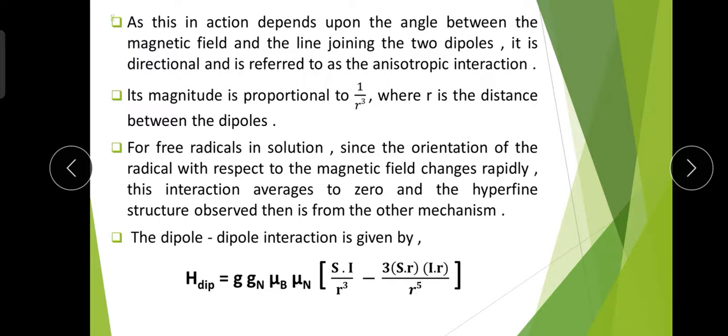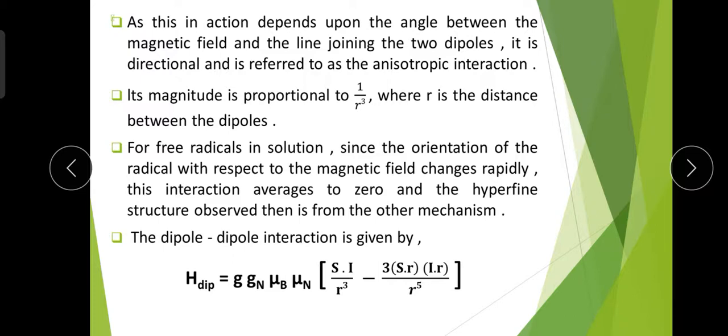Anisotropic means, in physics, if we consider a particular quantity and measure it in different directions along a particular axis, then we get different values for that quantity, and we call this quantity anisotropic in nature. Similarly here, we consider the interaction between the electron and nuclear magnetic moments, and this is the anisotropic interaction.